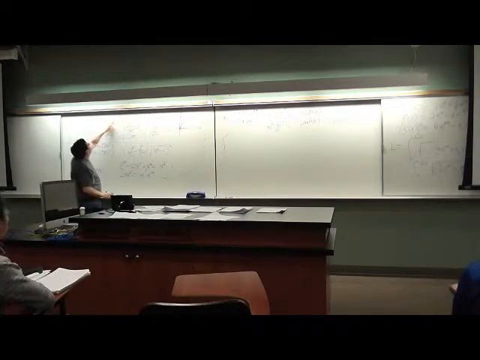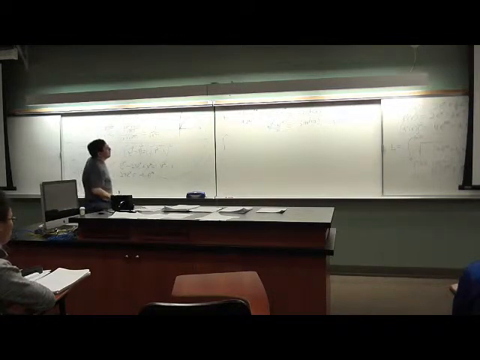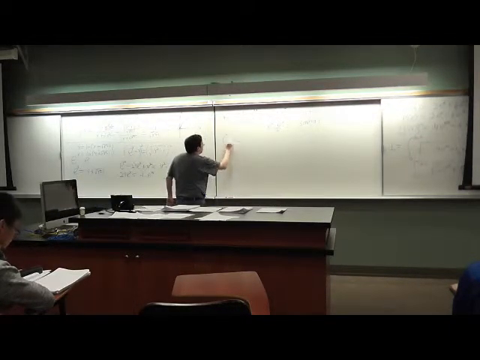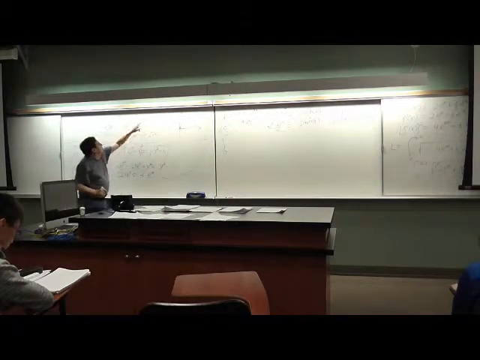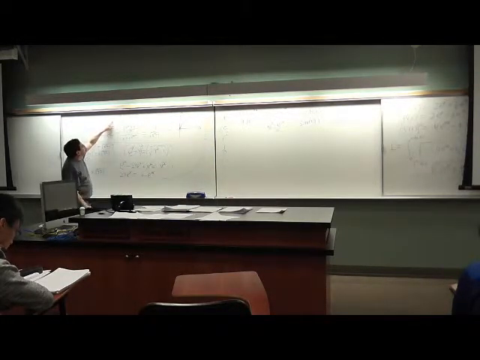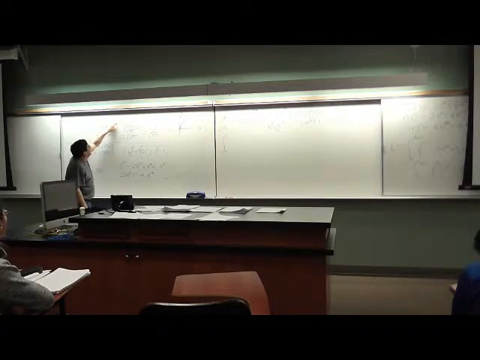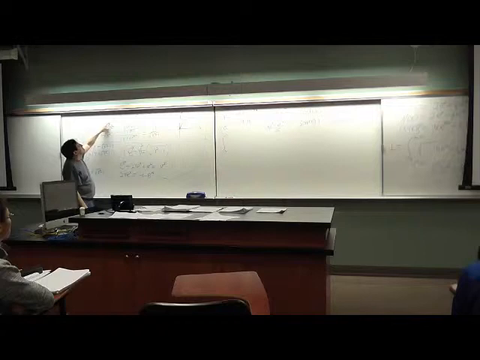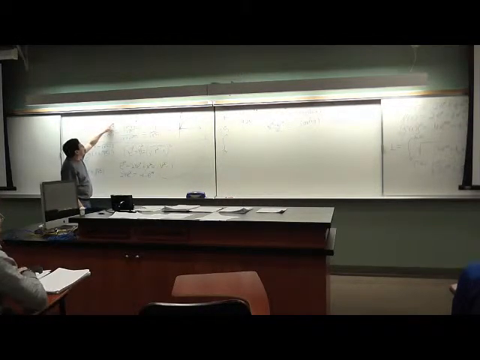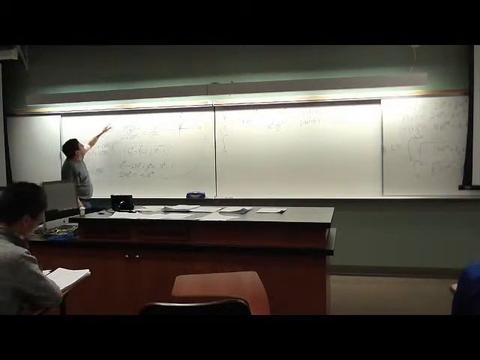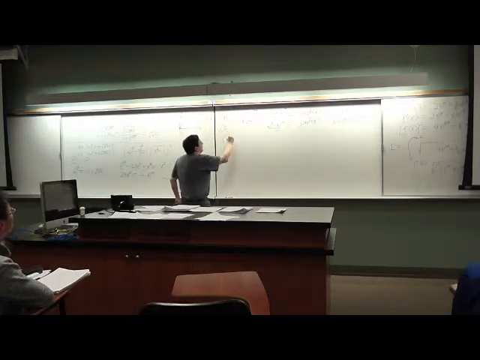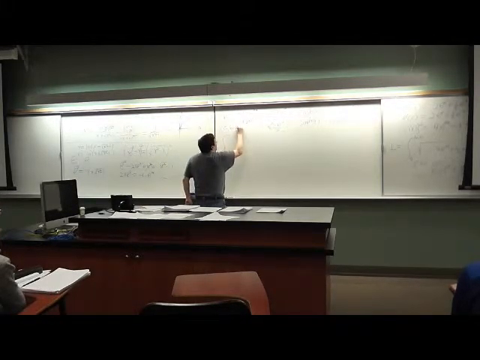This becomes 0. This becomes 1. The log of 1 is 0. Our interval is going to be 0. And if we plug square root of 2 in, square root of 2 squared is 2. 2 minus 1 is 1. Square root of 1 is 1. So we have the log of 1 plus the square root of 2.